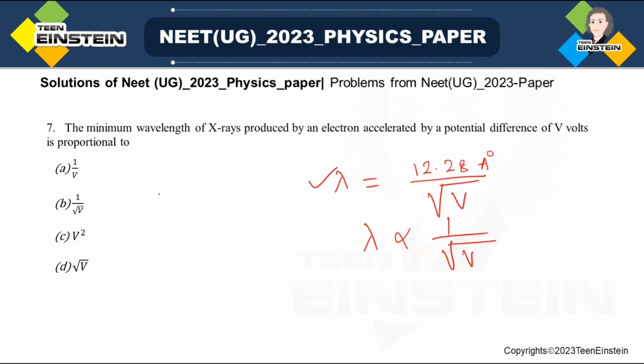Okay, we know E is equal to h nu or hc by lambda. So what is lambda then? Lambda is equal to hc by E. What is this E?